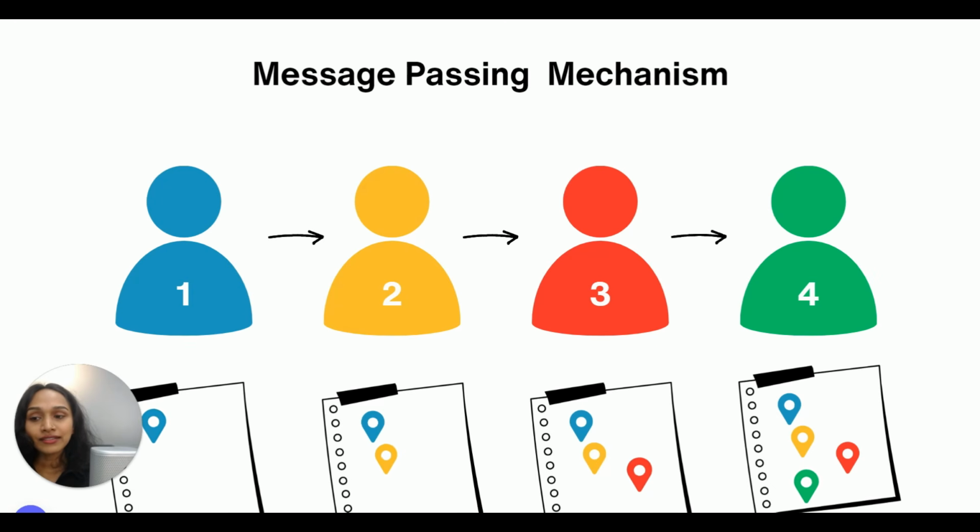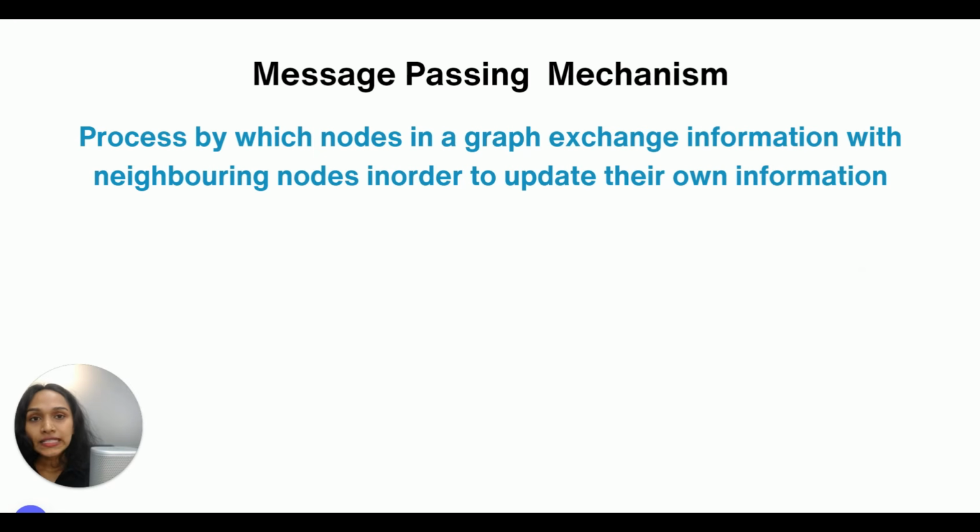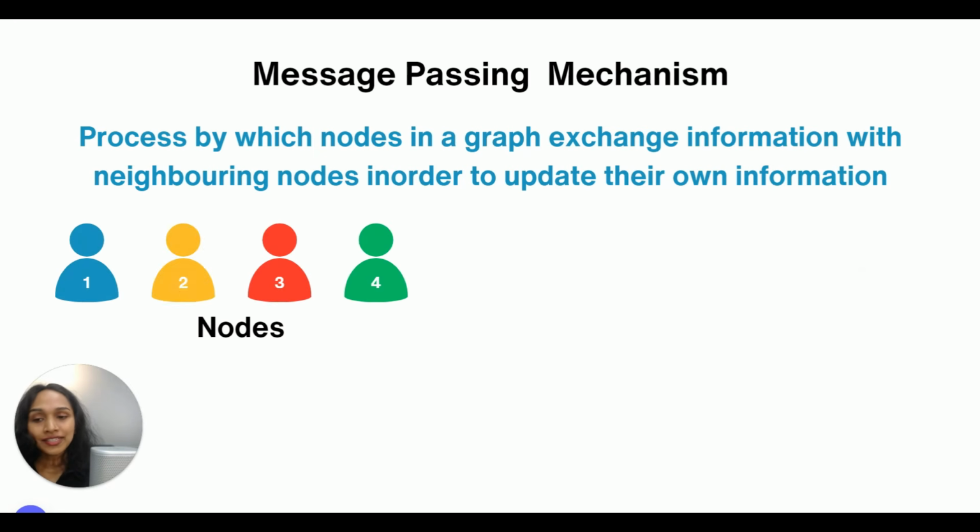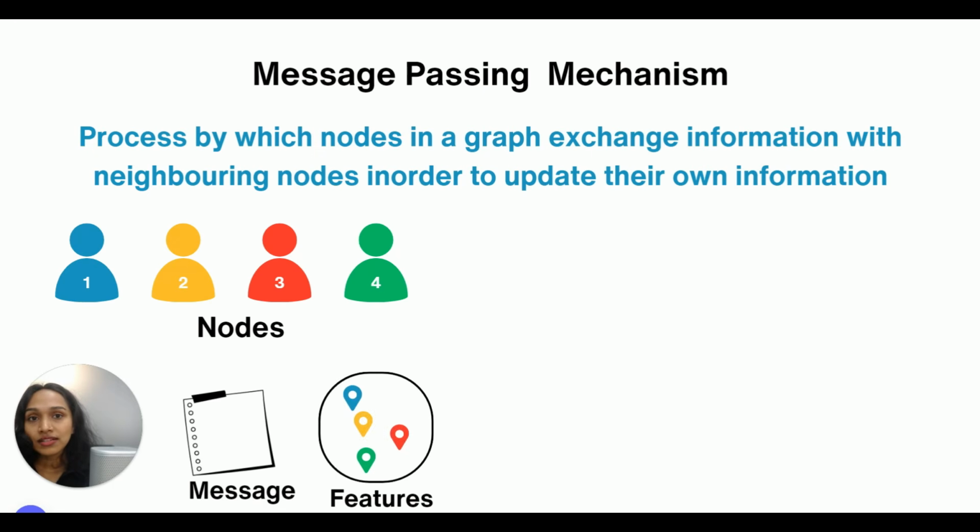So how can we compare this with the graph neural network? Suppose these 4 friends are the nodes of the graph neural network, and the paper they passed is the message or the message function, and the destinations written on that paper are the features of this graph. So, like friend 1 passed his paper to friend 2 by writing his feature, and based on that, friend 2 updated his preferred location and wrote on that paper and passed it to friend 3 and friend 3 to friend 4, and they summarized this location.